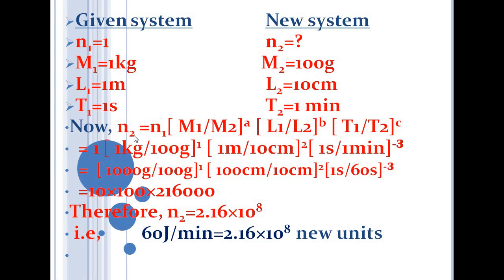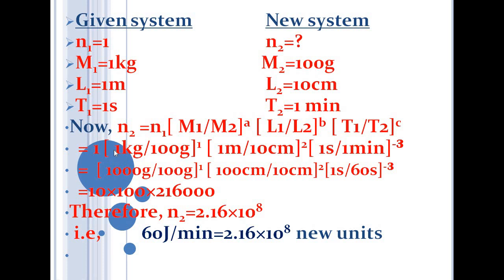Now use the relation n2 equals n1 (M1/M2)^a (L1/L2)^b (T1/T2)^c. Just replace the values. n1 equals 1, M1 equals 1 kg, M2 equals 100 gram. Similarly replace (L1/L2)^b, b equals 2. Similarly (T1/T2)^c.